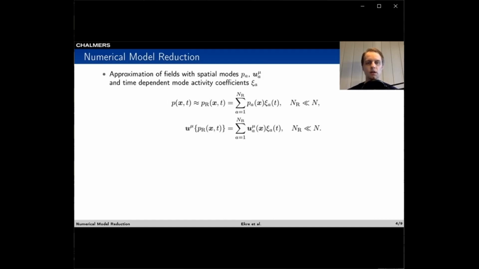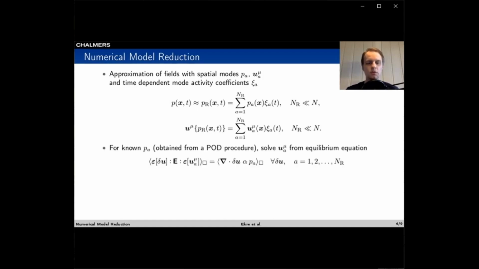And the idea here is that N_R, the number of modes, should be much smaller than N, where N is the size of the original finite element problem. So the pressure modes are obtained using a POD procedure, and when those are given, we solve the displacement modes from the equilibrium equation. And this means that the equilibrium equation is implicitly fulfilled.